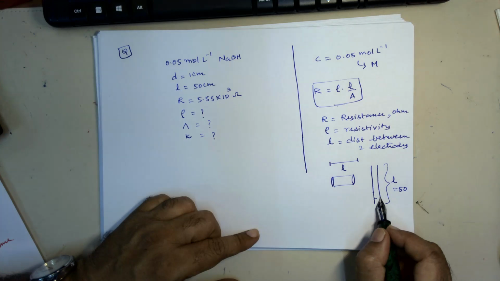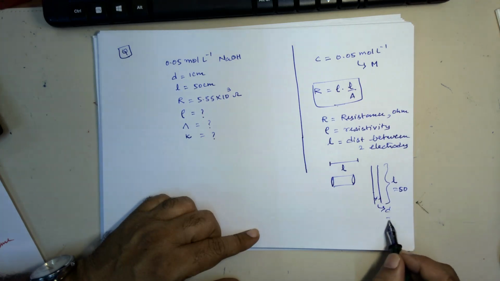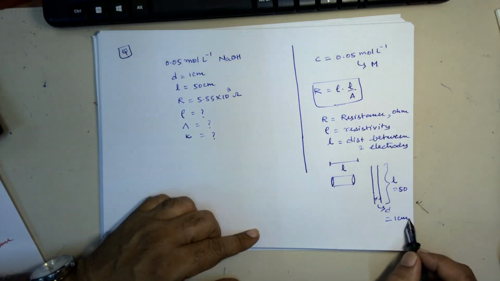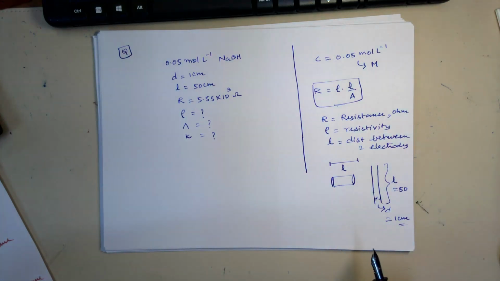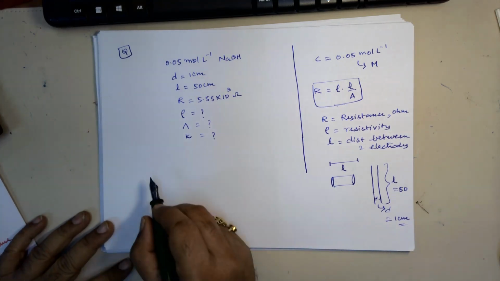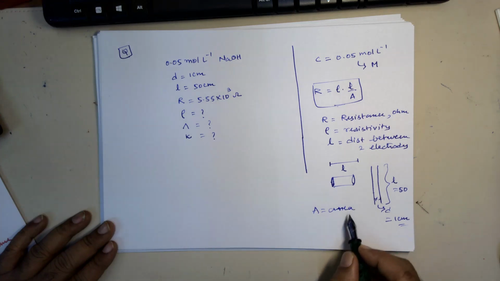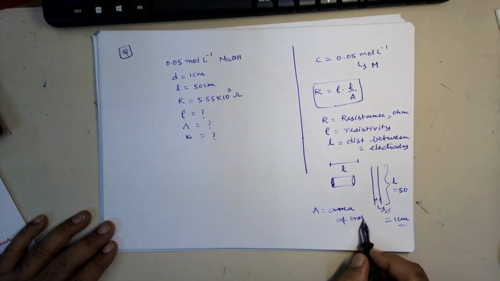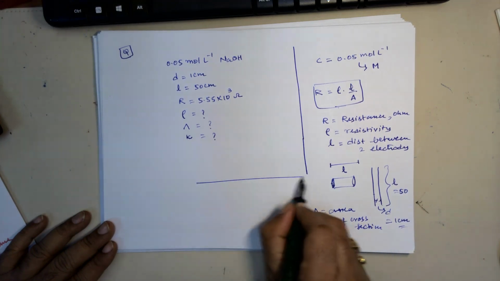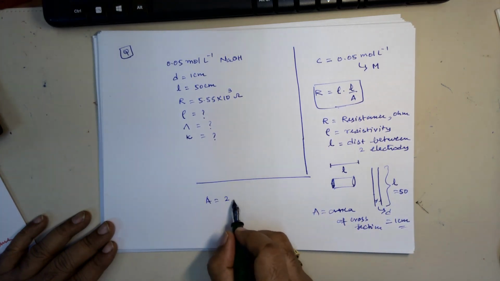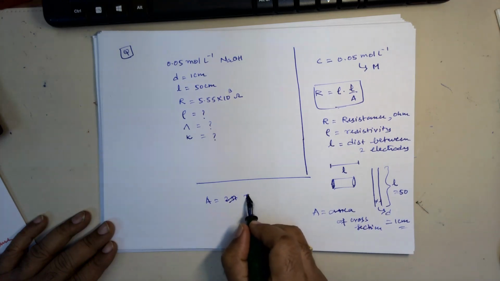Its diameter is 1 centimeter. A is the area of cross section of the ionic conductor. For a cylindrical one, it is pi r squared. So area is equal to pi r square.